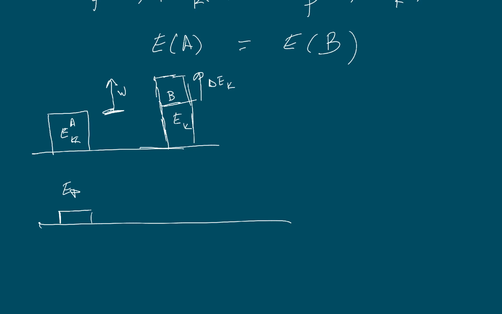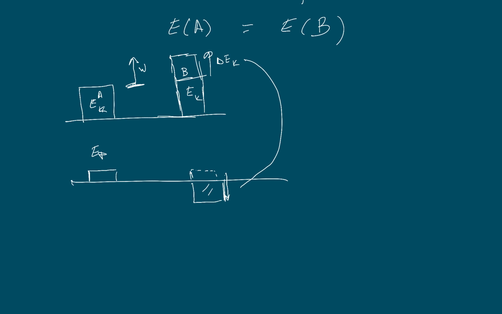So the potential energy will be whatever it was, and it will decrease by this amount. So the potential energy will be like this, and always the sum will be constant. So you start with this amount of potential energy, A, kinetic energy, this amount, and potential energy. So the total energy will be the sum.